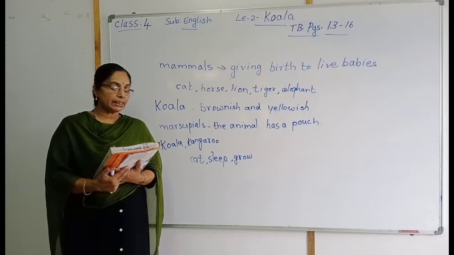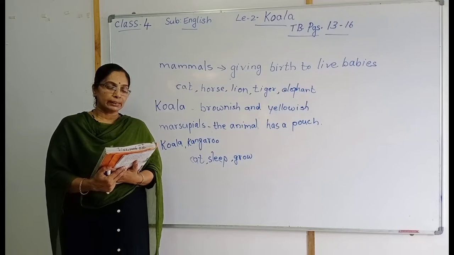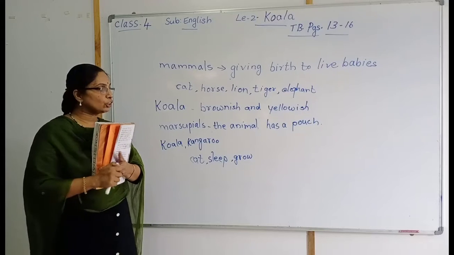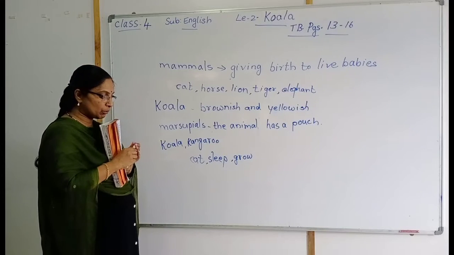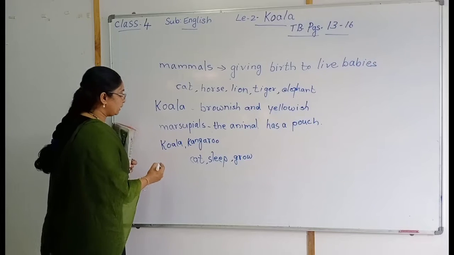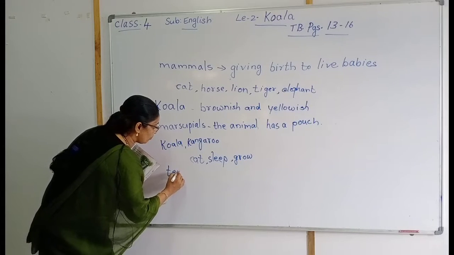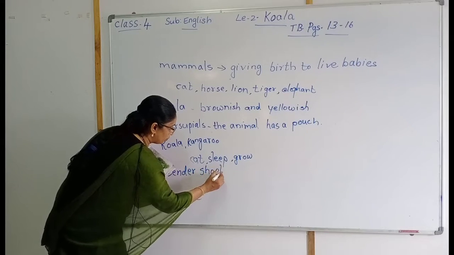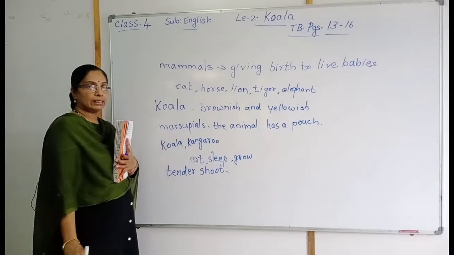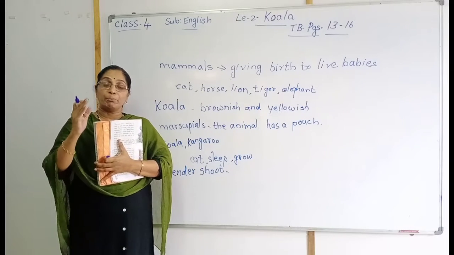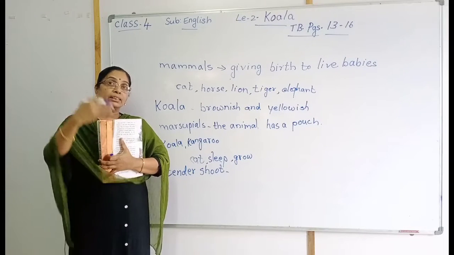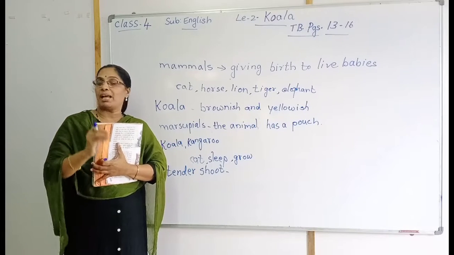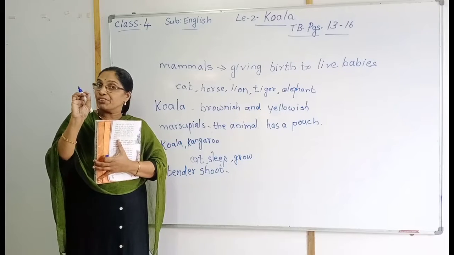Then it eats the tender shoots that grow on the tips of the branches. Tender shoot means what, children? Tender shoots means, on a tree many branches are there. At the tip of the branch or plant, the stem is very soft.